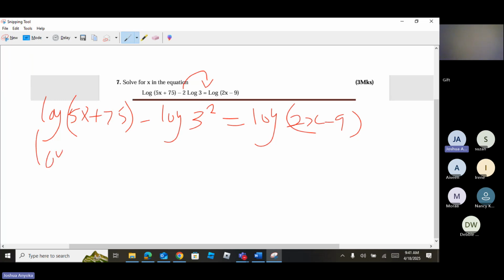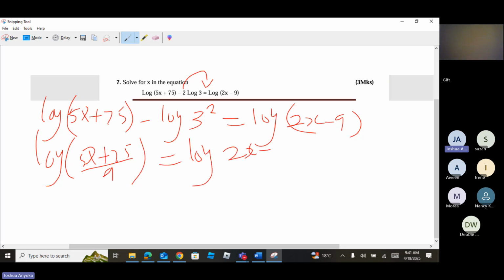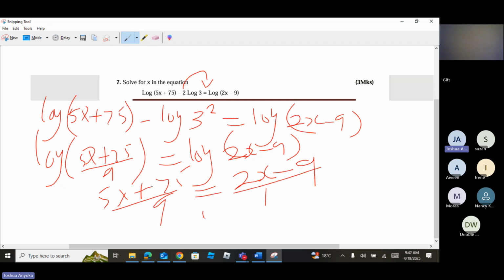Factor out: log of 5x plus 75 over 9 is equal to log of 2x minus 9. Drop logs: 5x plus 75 over 9 is equal to 2x minus 9. Cross multiply: 5x plus 75 is equal to 18x minus 81.